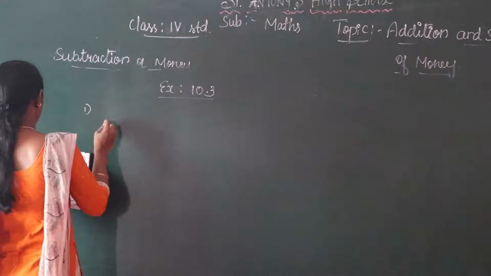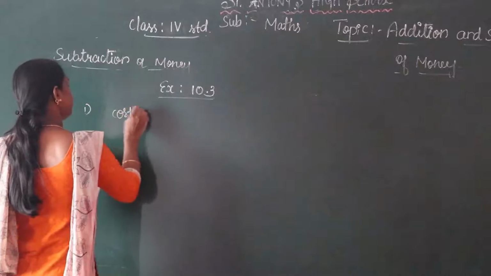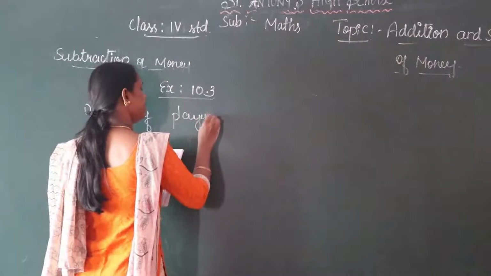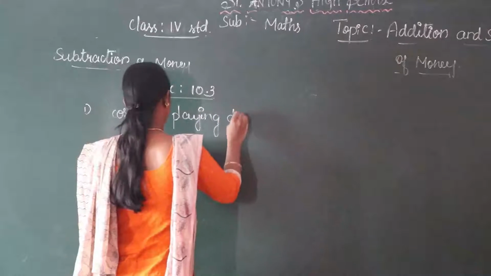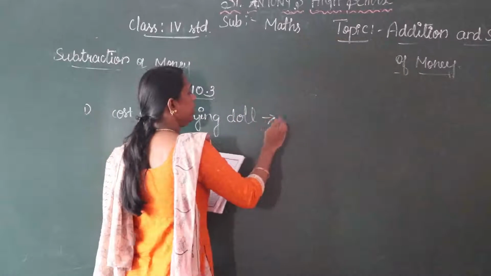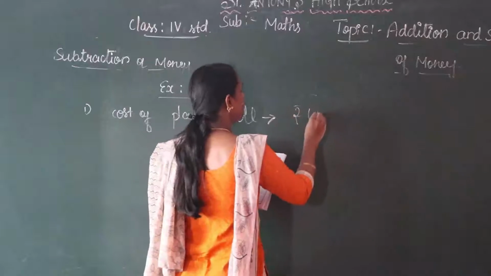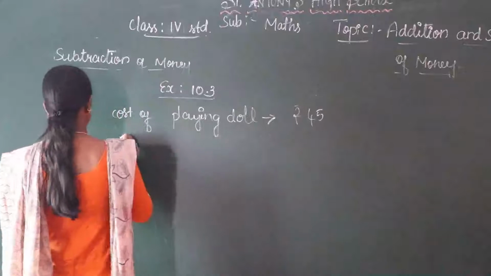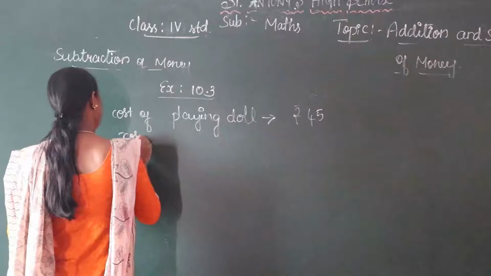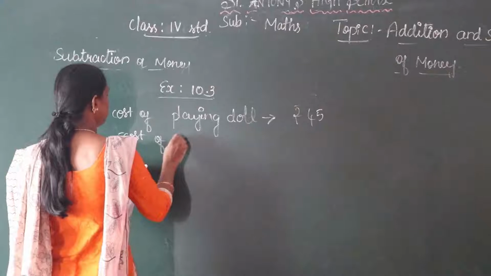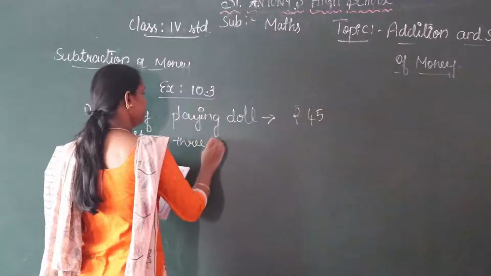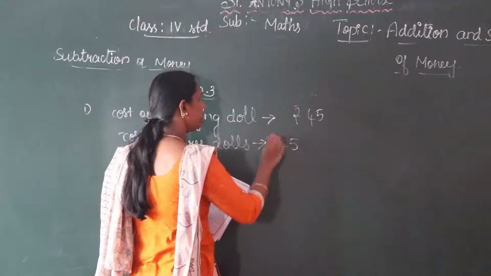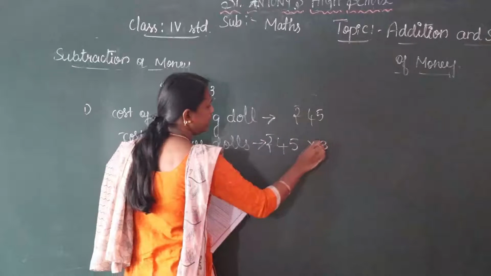So the cost of a playing doll is rupees 45. Now we have to find the cost of 3 dolls. Cost of 3 such dolls, 45 rupees into 3.